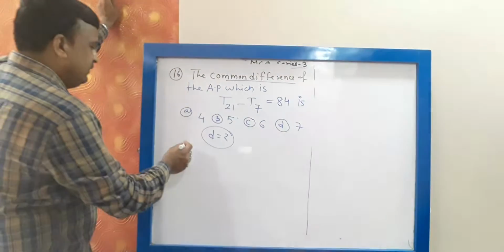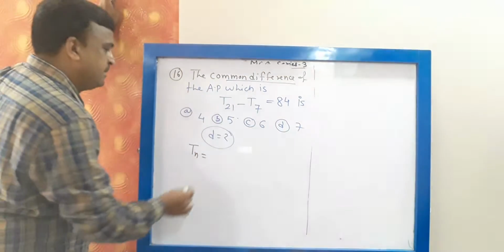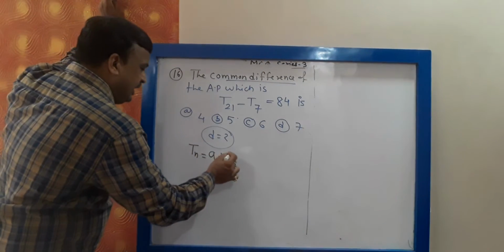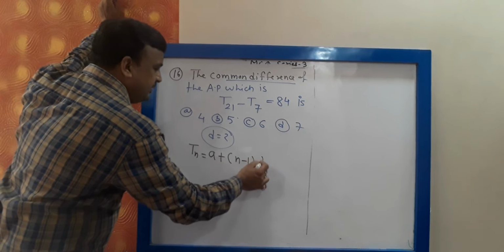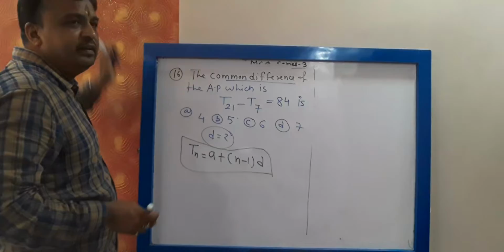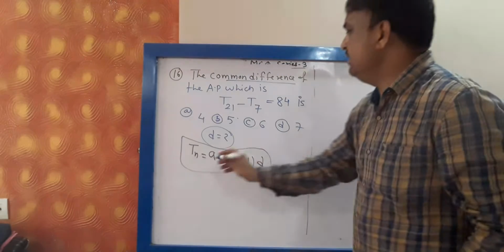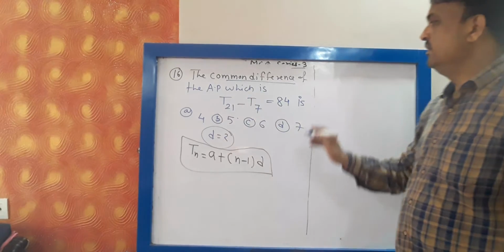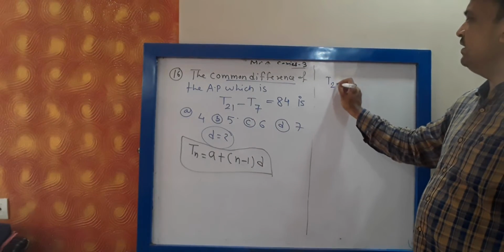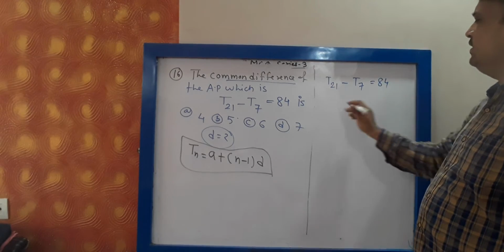My dear, we know the general formula for Tn. What is Tn? Tn is a plus n minus 1 into d. So that way we can solve. Put n is equal to 21. We are given T21 minus T7 is 84. So let us solve this.